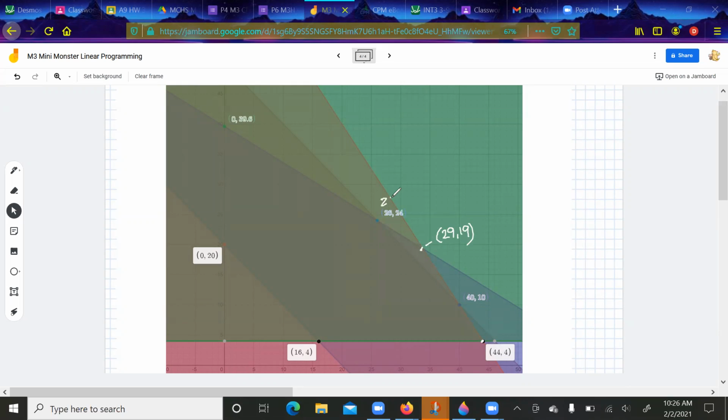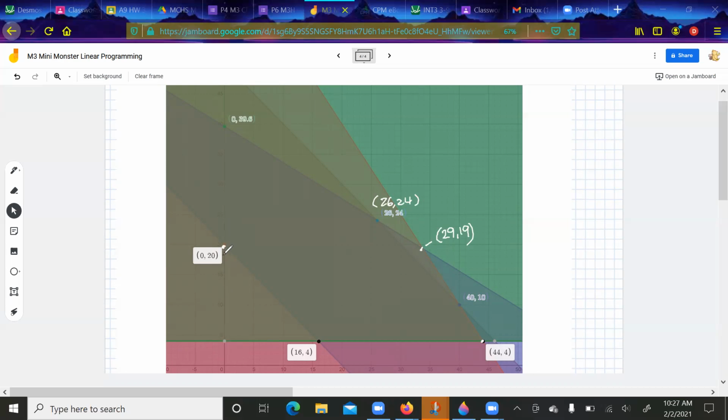But this one is 26, 24. That's an important one. The other line goes through 11, 33. Wait, where is 0, 20? 0, 10, 5, 10, 15, 20, 0, 20 is right here.